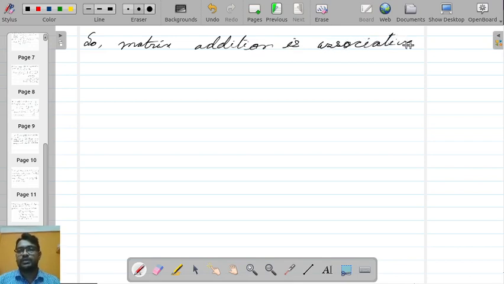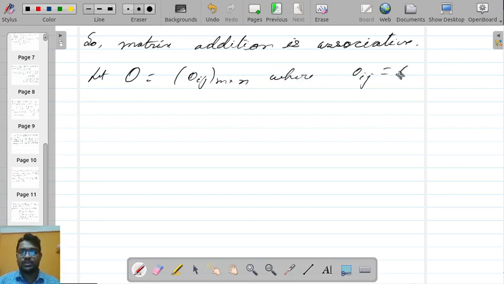Next, we have to find the identity element. Let O equal to say (O_ij) of order m by n, where each O_ij is actually 0, that is, O_ij equals 0 for all i, j.